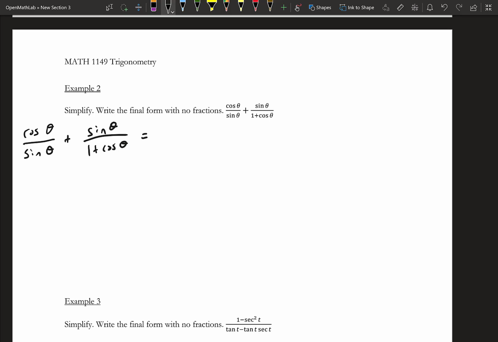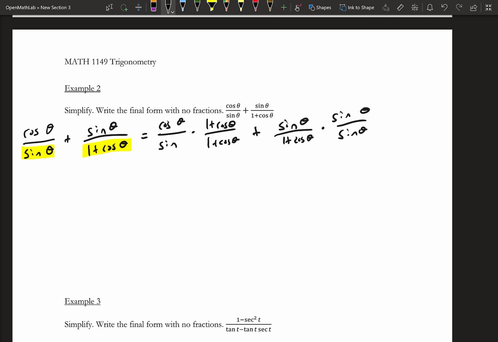So this would be equal to cosine theta over sine theta, and I can multiply top and bottom by 1 plus cosine theta. The common denominator is just multiplying the two denominators together. Then plus sine theta over 1 plus cosine theta. What we need to multiply the second fraction by is sine theta over sine theta, so we get the common denominator.